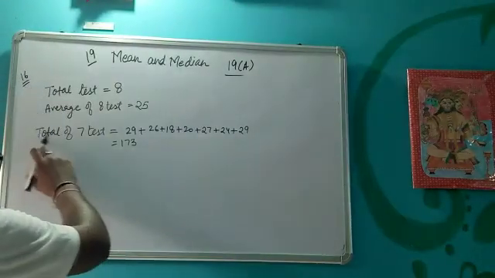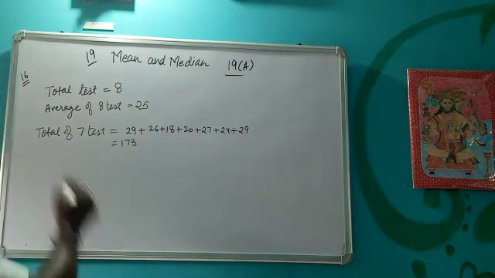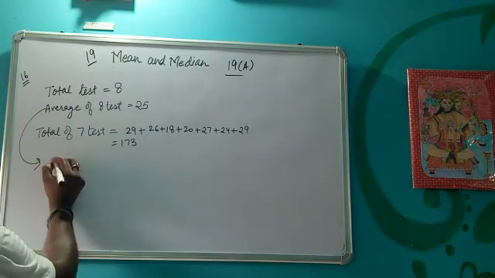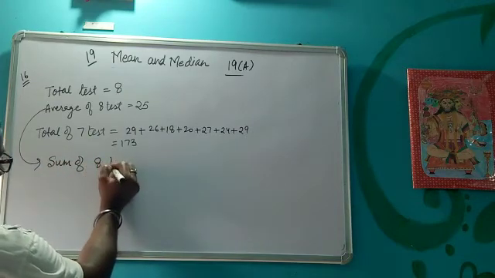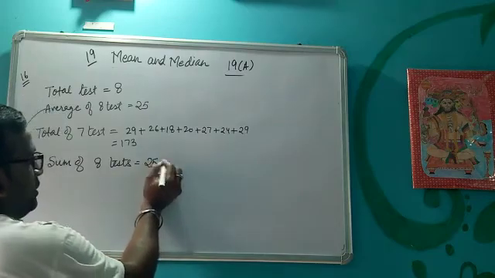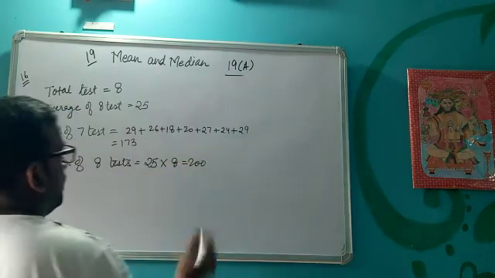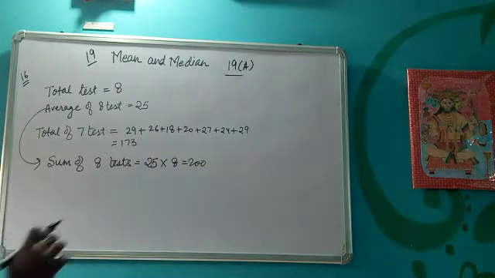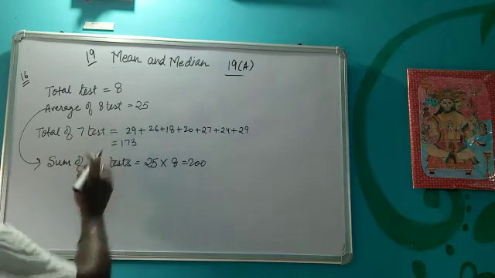So first I have taken the total of all the 7 tests. Then from here we will take the sum of 8 tests, like we are doing in all the questions. This is the mean and this is the total observations, that is 8. So this is the sum of all the 8 tests and this is the sum of all the 7 tests.